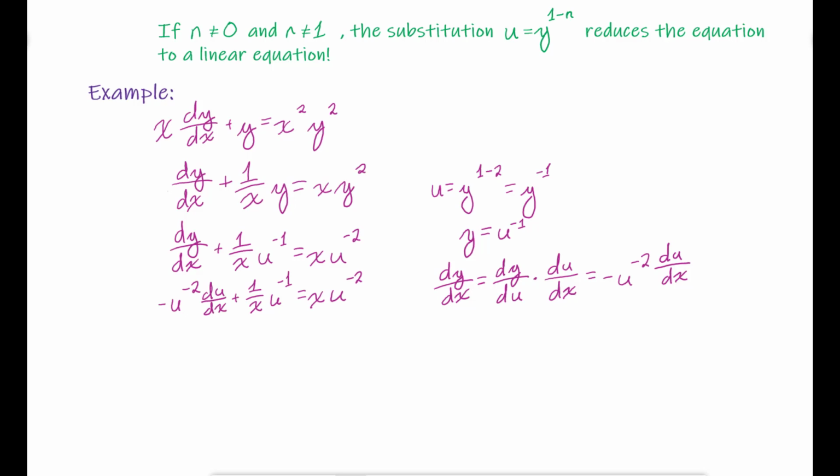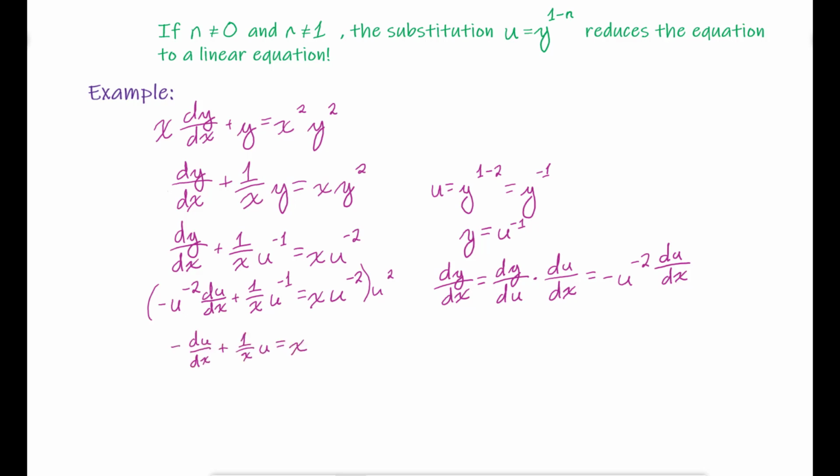Having all of these negative exponents running around is really not great. So remember that the negative exponent really means that it's a fraction, and that's in the denominator. So this is really over u squared when we have u to the negative 2 power. So if I multiply everything by u squared, then I can simplify this a great deal.